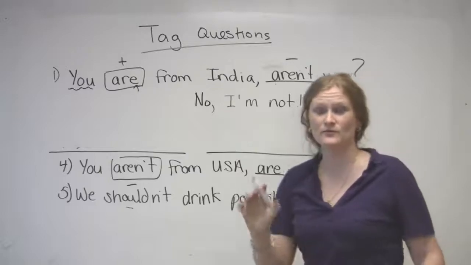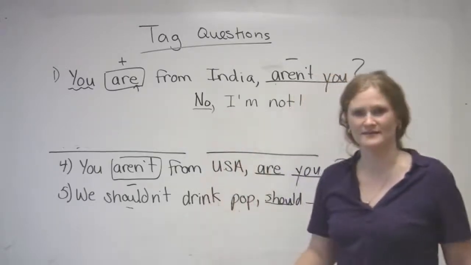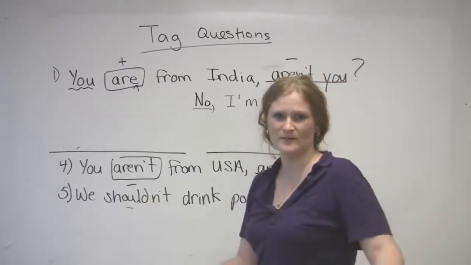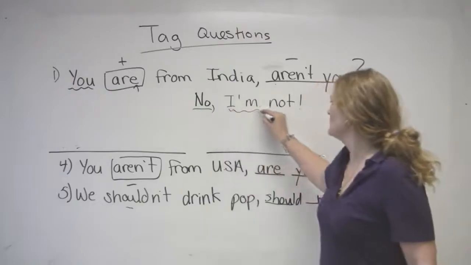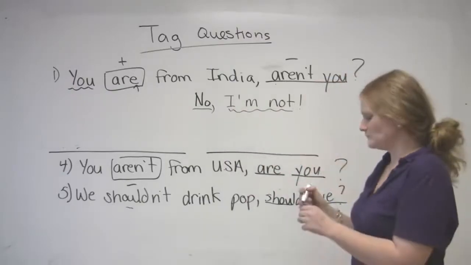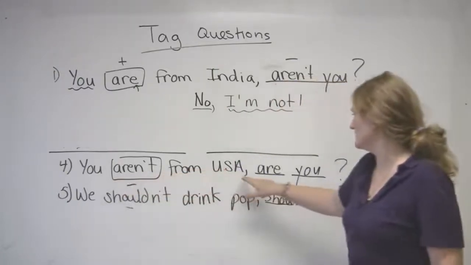If you want to make it really, really easy, just say no. You're from America, aren't you? No. And smile. If you want to, you're going to use this. No, I'm not.